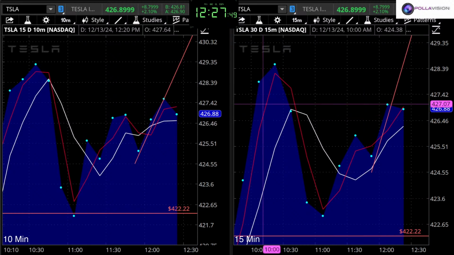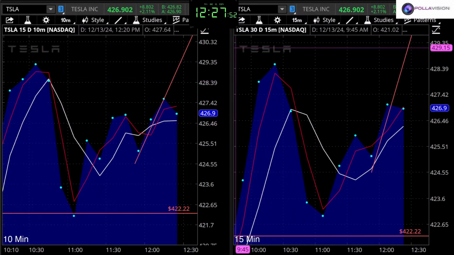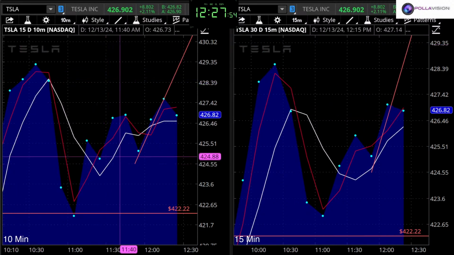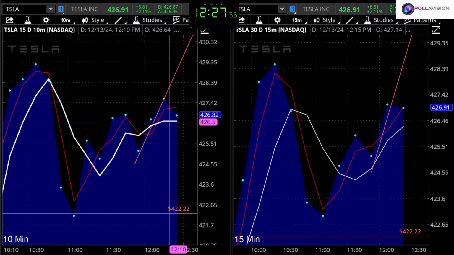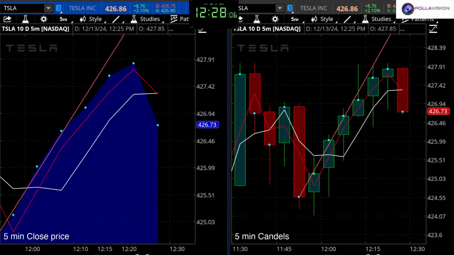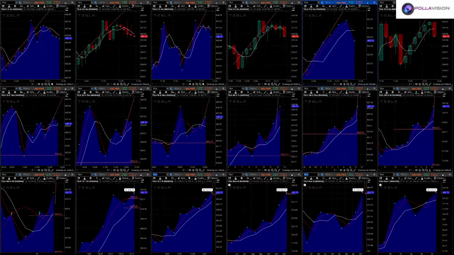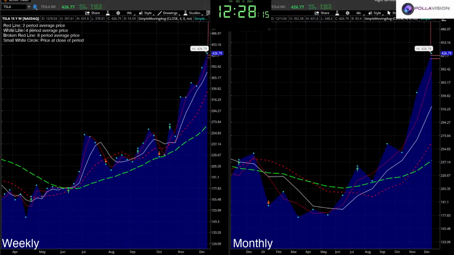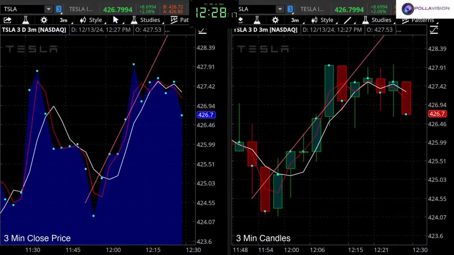So is it going to blow through the 10-minute simple moving average, or will it close above at the bottom of the hour? Now, if you're doing this, you're going to have all these charts open at the same time, like I do.